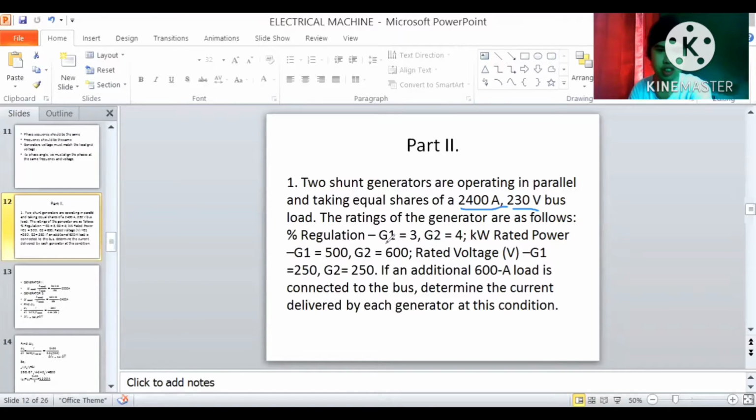Rated power: G1 equals 500 kilowatts and G2 equals 600 kilowatts. Rated voltage: G1 equals 250 and G2 equals 250. If an additional 600 ampere load is connected to the bus, determine the current delivered by each generator at this condition.